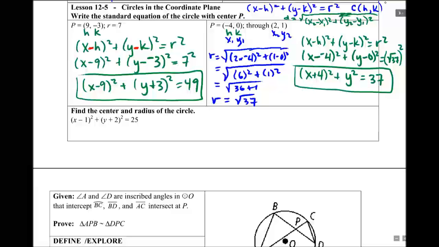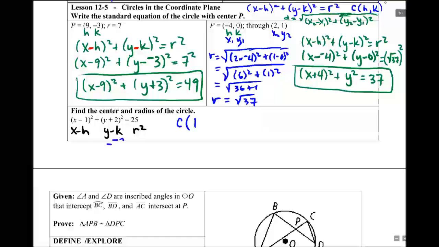And our last problem says find the center and the radius. We know that our equation is x minus h, y minus k, and r squared. So our center, x minus 1, so h is 1, and y minus k, how do we get minus k?